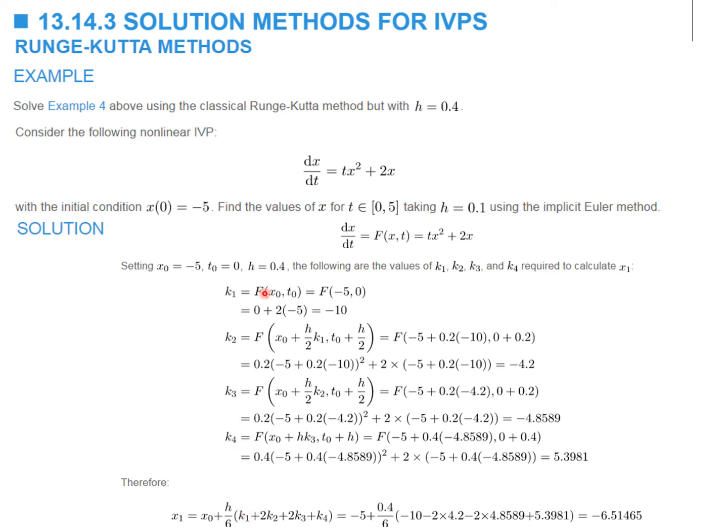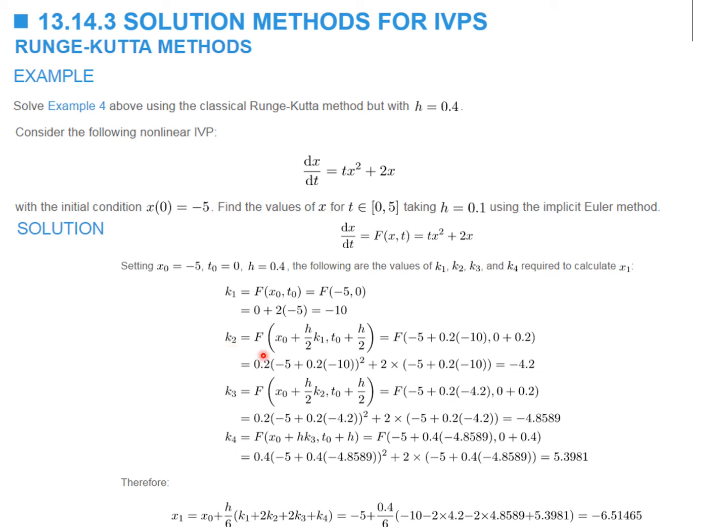What is k1? k1 is the slope evaluated at the initial point. x naught is negative 5, t naught is 0. Substituting in the equation for the slope, I get k1 is equal to negative 10.